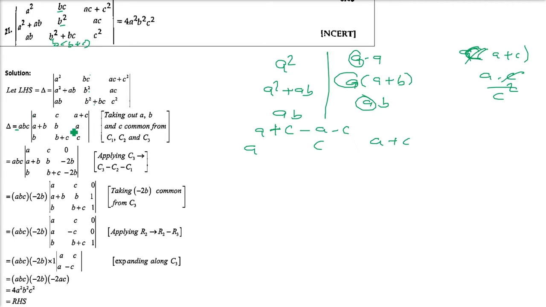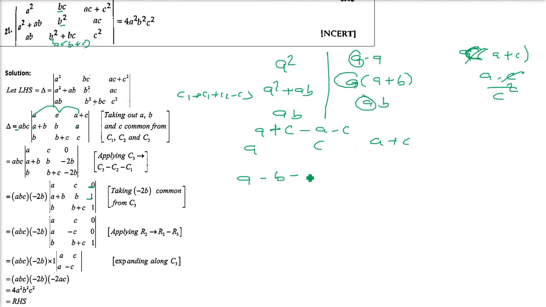For maximum zeros, there are multiple ways you can get zeros, because in order to make this thing simpler, we need maximum zeros. So column 3 we are changing. You can do C1 plus C2 minus C3, whichever way. But what we'll do here is C3 will change to C3 minus C2 minus C1. So a plus c minus a minus c will be 0.